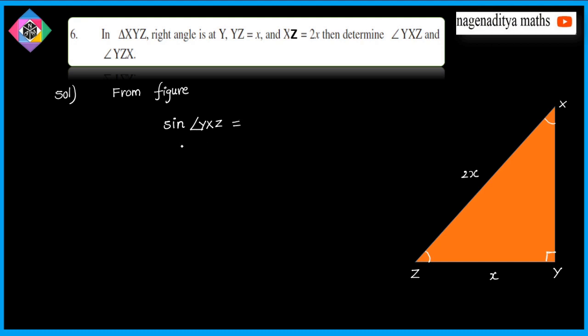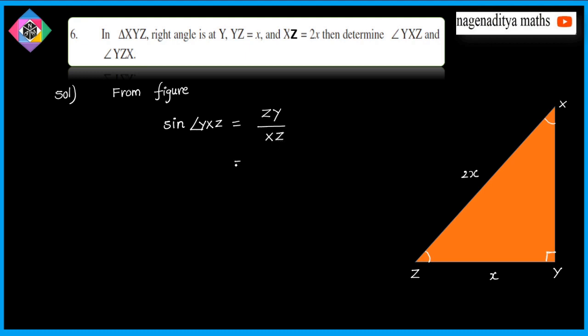Sine theta is the opposite side by hypotenuse side. So what is the opposite side of angle YXZ? So angle YXZ is nothing but this angle. So this opposite side is ZY, so this is ZY by hypotenuse, which is XZ.